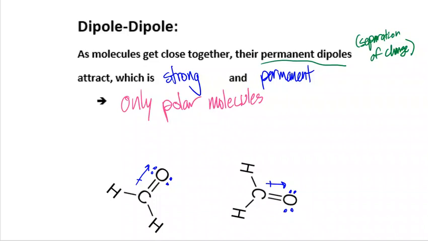So I'm going to draw this in terms of partial charges. So we have a partial negative charge on the oxygen and a partial positive charge on the carbon. Then same over here, partial positive on the carbon, partial negative on the oxygen. Again, remember the partial negative is on the oxygen because the oxygen is more electronegative, so it's better at attracting electrons towards itself.